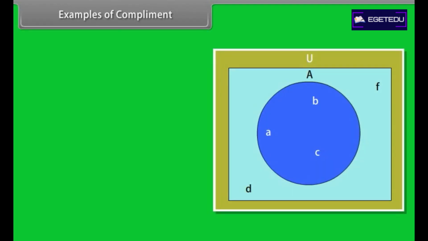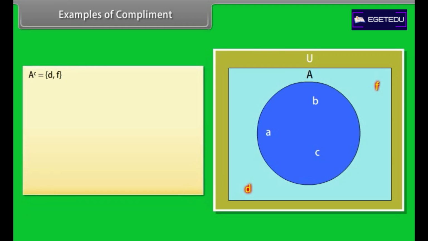Examples of complement. Take a close look at the figure. D and F are in U, but they are not in A. Therefore, complement of A is equal to {D, F}. Let's find the complement without looking at the Venn diagram.